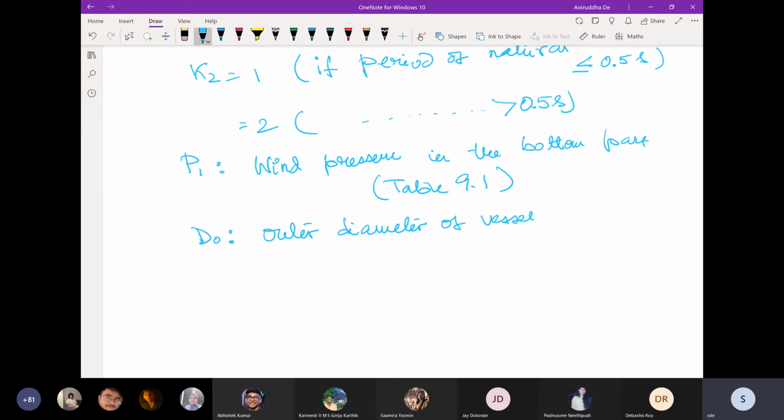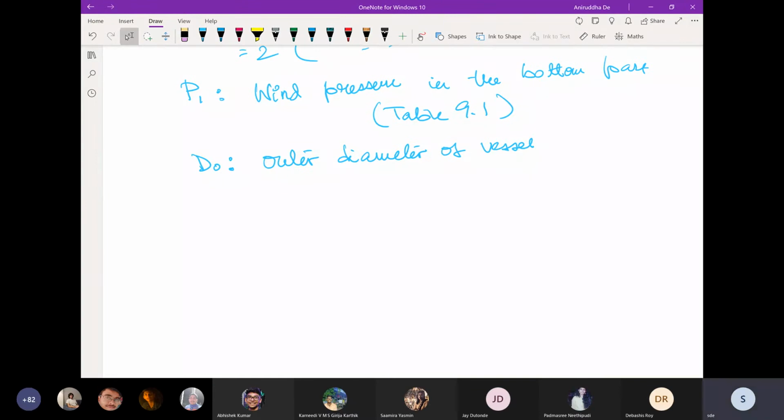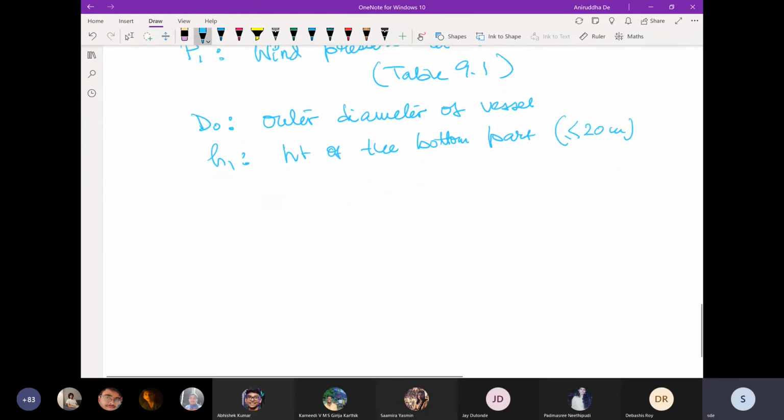How to calculate the outer diameter of the vessel? If the inner diameter is known, then with the method of the first chapter, you can calculate the standard wall thickness. Therefore, di plus 2 ts will be the outer diameter. Okay. H1 is the height of the bottom part. Bottom part means the height which is less than or equal to 20 meter. Okay.